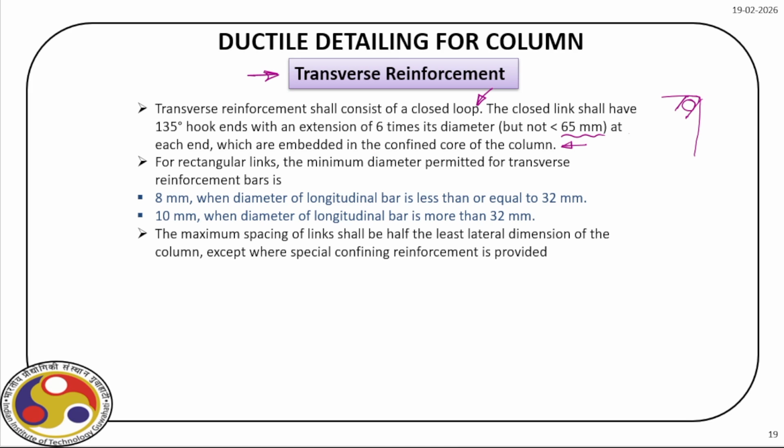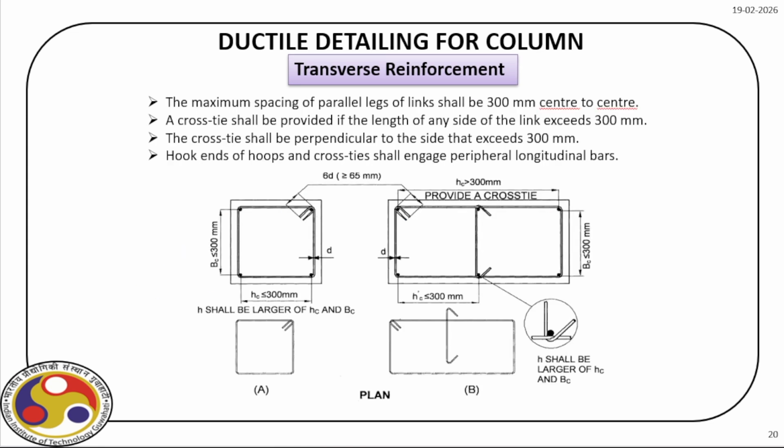For rectangular links, the minimum diameter permitted for transverse reinforcement bars is 8 millimeter when the diameter of the longitudinal bar is less than or equal to 32 millimeter, 10 millimeter when the diameter of the longitudinal bar is more than 32 millimeter, and the maximum spacing of links shall be half the least lateral dimension of the column except where special confining reinforcement is provided. Okay. So these are the additional guidelines.